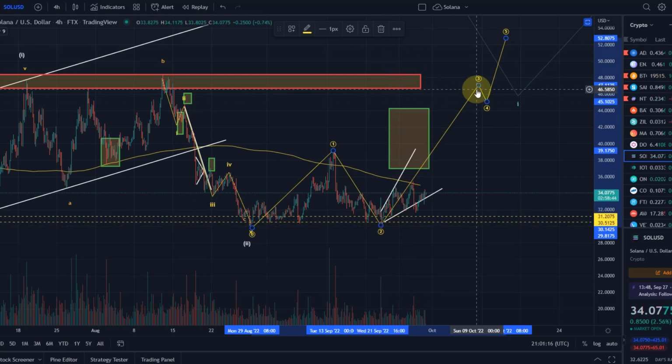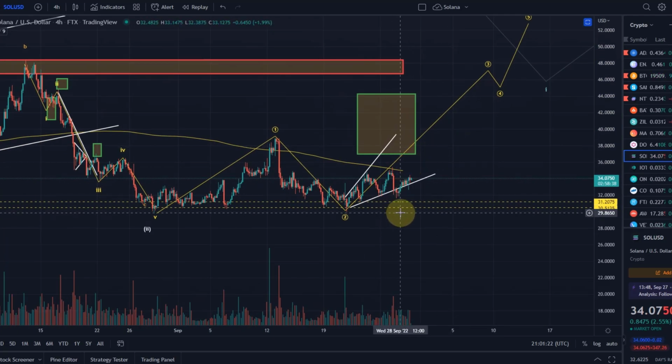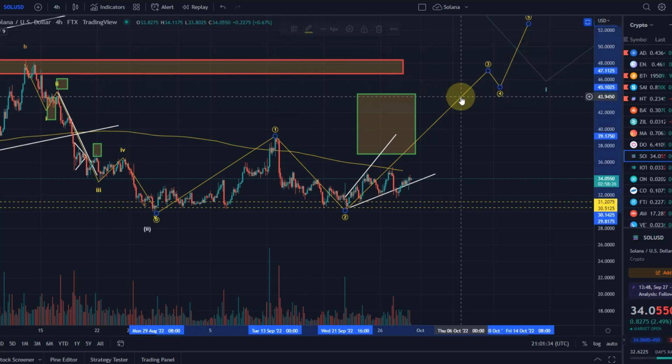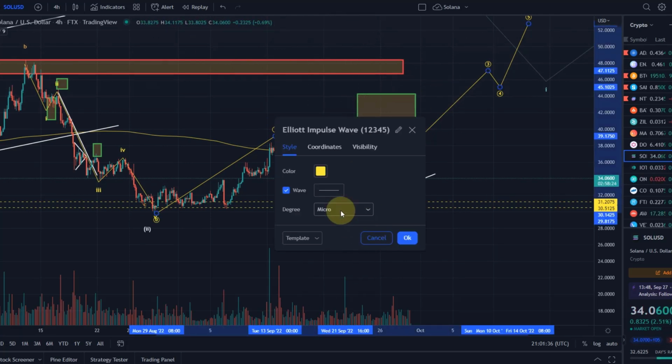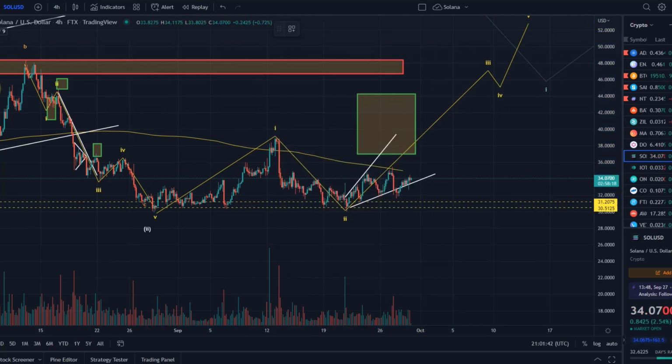Now, the wave 3 itself obviously has 5 subwaves. The only way I can count this bullish is if I count this move here as a leading diagonal, a 1, 2, 3, 4, 5 pattern. So within that third wave, let me just change the degrees here so that it makes sense.